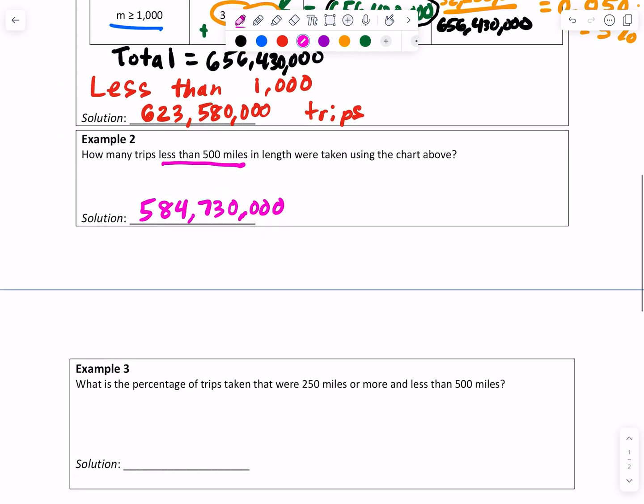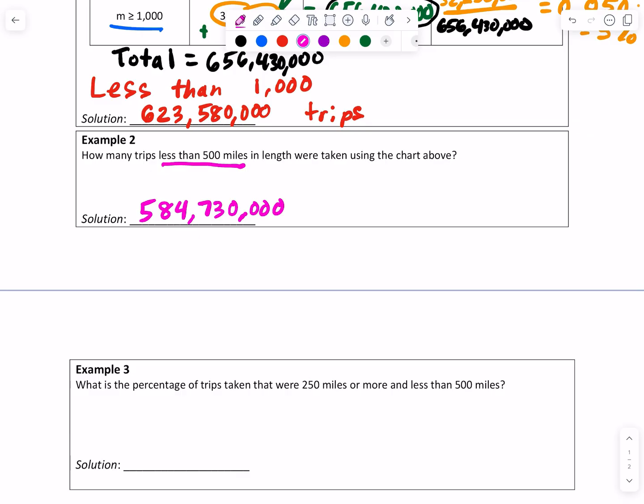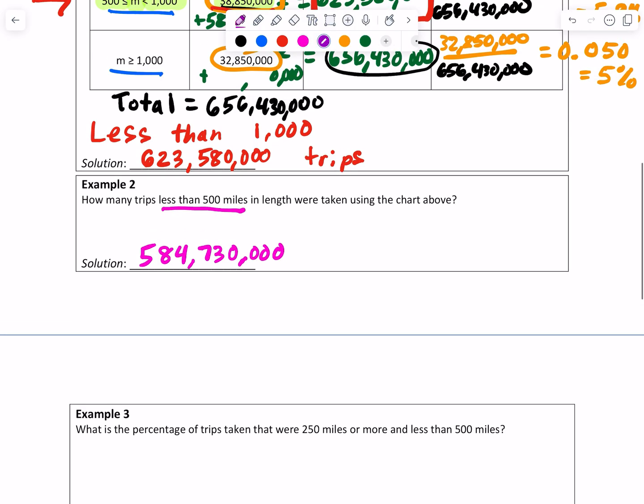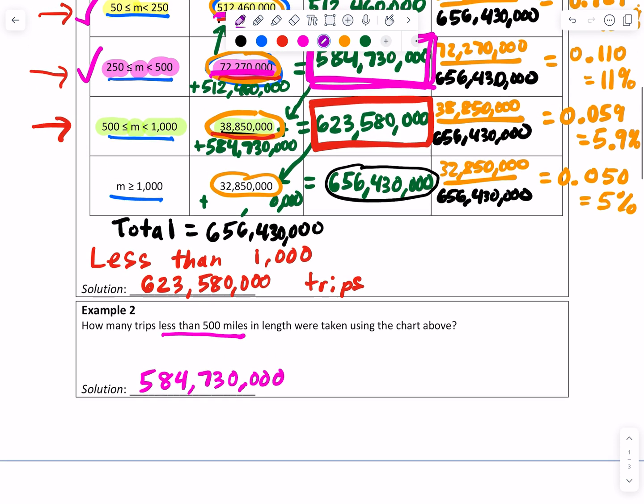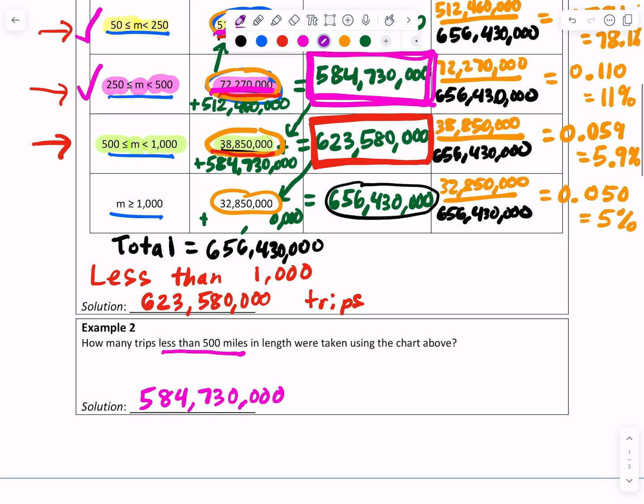And next problem says, what is the percentage of trips taken that were 250 miles or more and less than 500 miles? Let's look at that. 250 miles or more and less than 500 miles. What part is talking about that? Oh, that's right here.